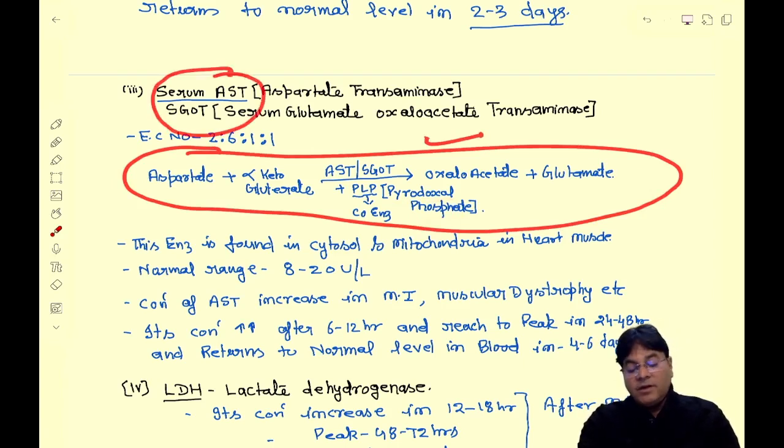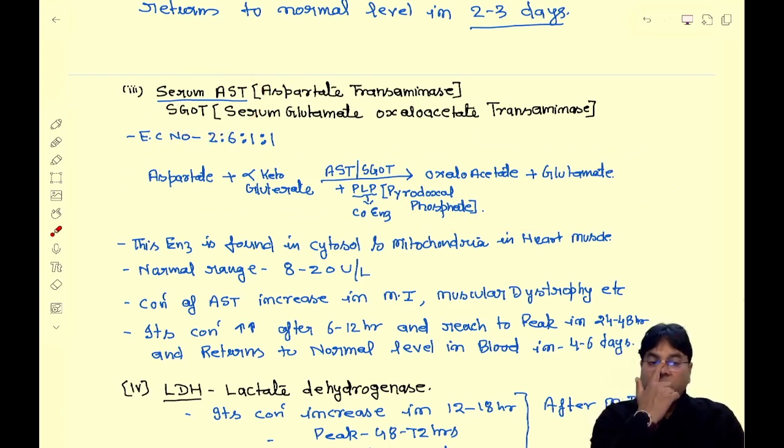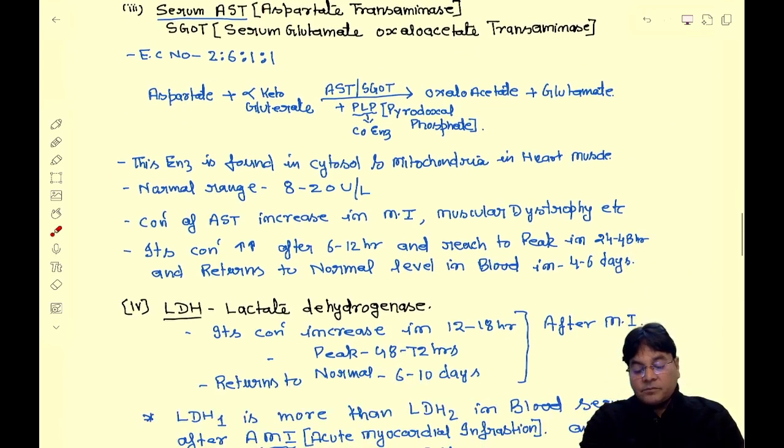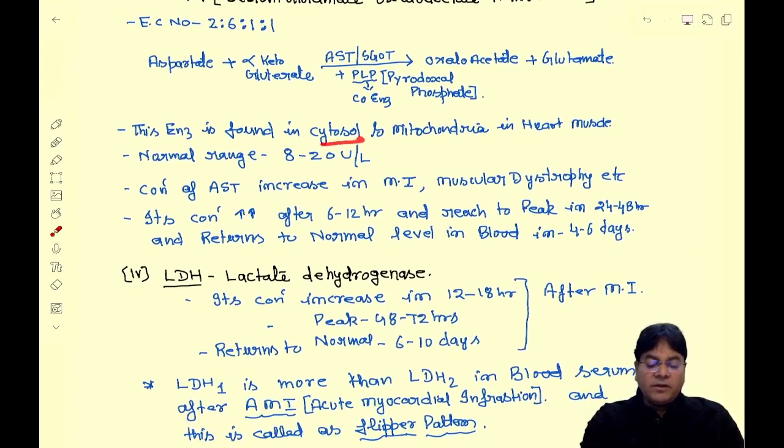But this enzyme, when released in high concentration after the heart attack, is used as a cardiac marker. This enzyme is found in the cytosol and mitochondria, that is the cytoplasm of the heart muscles, and the normal range is 8 to 20 units per liter. The concentration of this enzyme increases after myocardial infarction, muscular dystrophy, and so on. Heart attack is the main source from where this enzyme is released in high concentration.